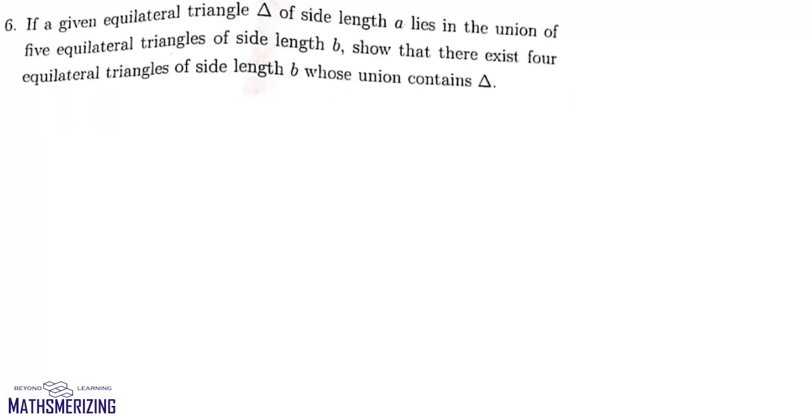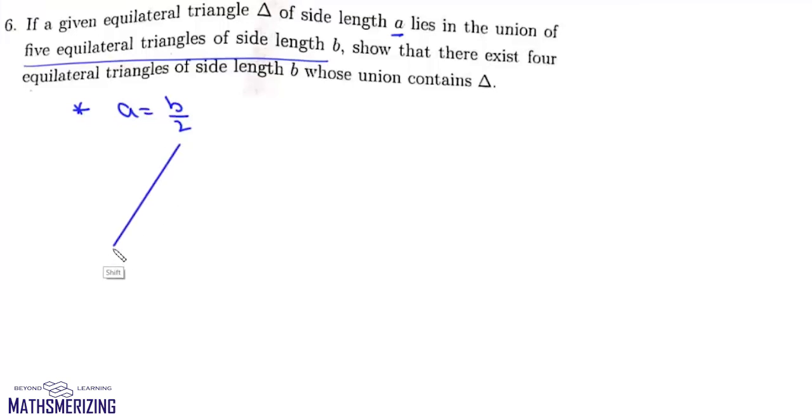Now question number 6 is: if a given equilateral triangle of side length A lies in the union of 5 equilateral triangles of side length B, then show that there exist 4 equilateral triangles of side length B whose union contains A. Now we consider a trivial case where A is equal to B by 2.